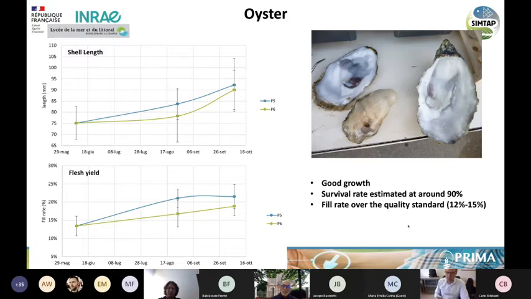So it was a very good result, and the flesh yield was over the quality standard, which was 12 to 15%. Here we reached a flesh yield of around 20%, which was very high. So a very high quality product with a very good survival rate.